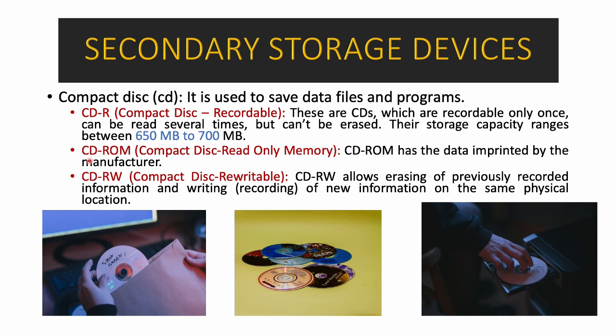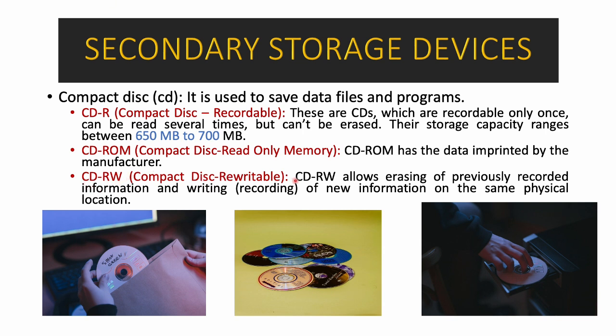The other type is CD-ROM, compact disk read-only memory, like this. If you buy, for example, a CD for a game, CD-ROM has the data imprinted by the manufacturer. We can only read it, but we can't write. Okay. The third type is CD-RW, compact disk rewritable.